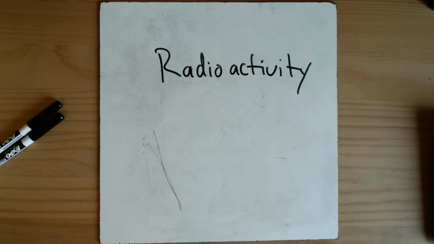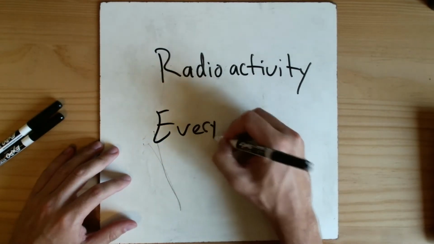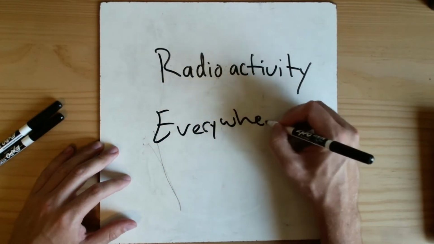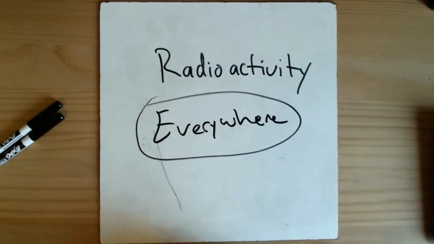Now, one thing to note about radioactivity is that this is not something that is rare. Radioactivity is functionally everywhere. The Earth itself has a small amount of radioactivity. There are radioactive elements in the Earth. A lot of them are further into the core, and they radiate as they break down. The sun is emitting a certain level of radiation. Radiation is everywhere.